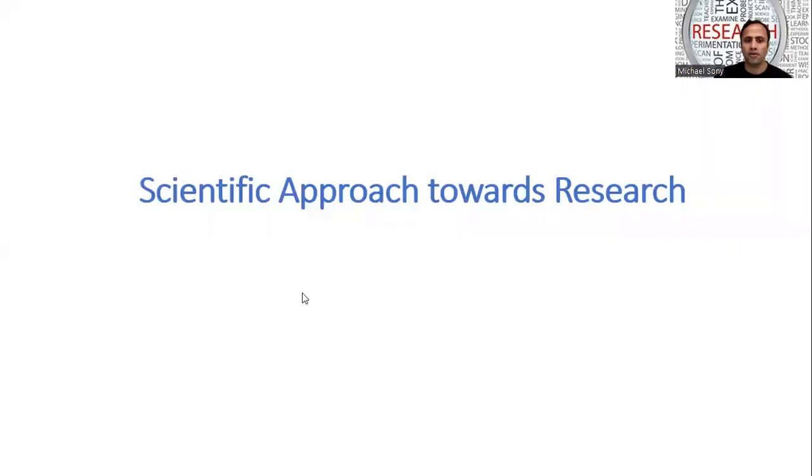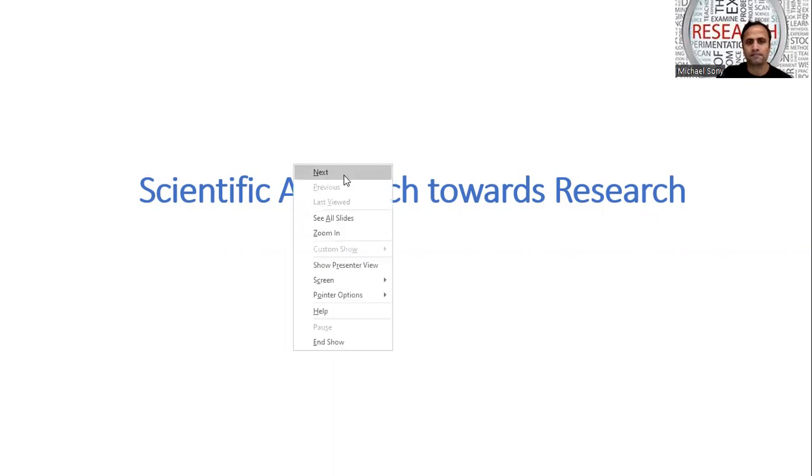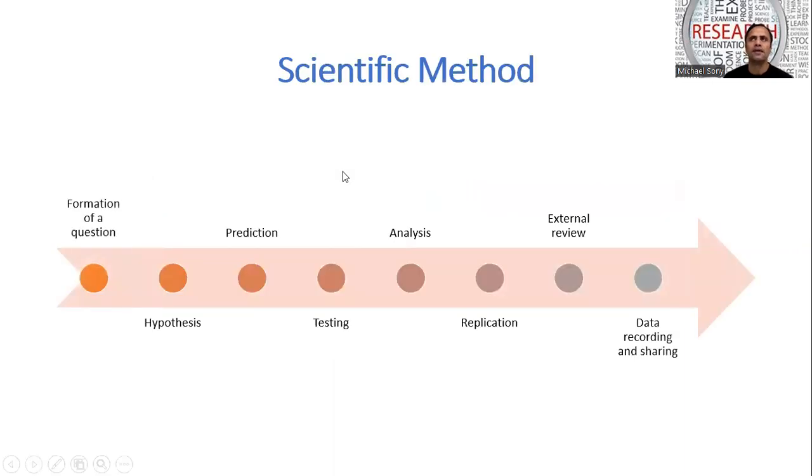In this module, we are going to understand the scientific approach towards research. When we talk about the scientific method, it calls for the formation of a question. After a question is formed, we form certain hypotheses regarding various aspects of the question.